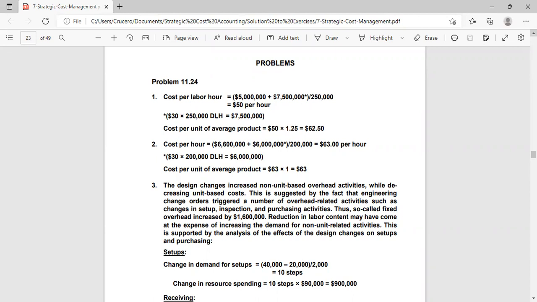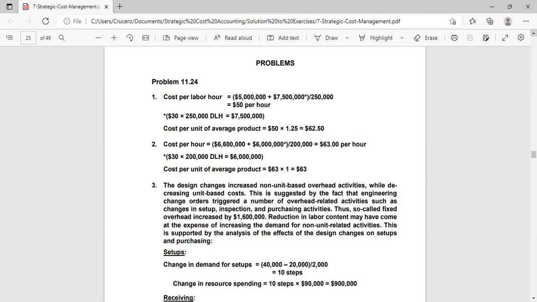The plant has used direct labor hours for years to assign overhead to products to help design engineers understand the assumed cost relationships. The cost accounting department developed the following cost equation. The equation describes the relationship between total manufacturing cost and direct labor hours.